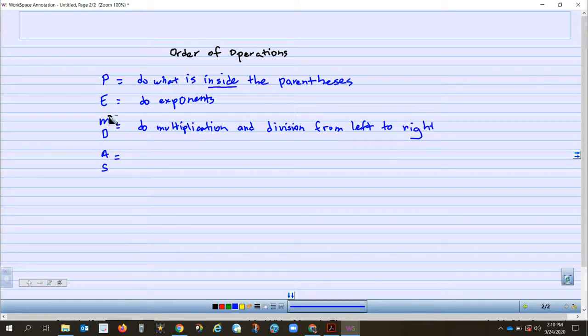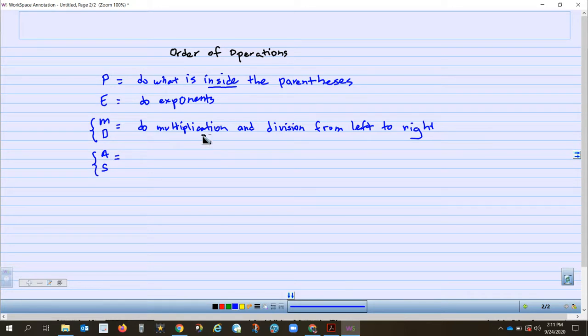And this is where there's some confusion, and why some teachers don't like using the word PEMDAS, because it could be DM instead of MD, and this could be AS or SA. I often tell my students it could just as easily have been PEDMASA, but that does not roll off the tongue as easily as PEMDAS.